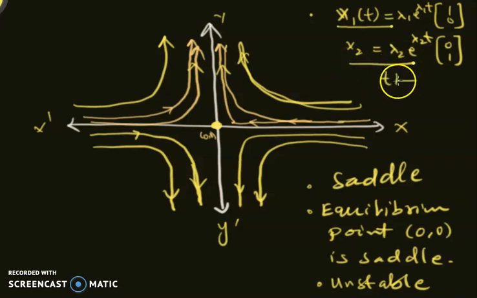But if you allow t to go to minus infinity, then along this stable line the trajectories will be moving away from 0, 0, and along this unstable line the trajectories will be moving towards 0, 0. This behavior will be opposite because lambda 1 is negative, and negative times negative is positive. I hope it makes a bit of sense.